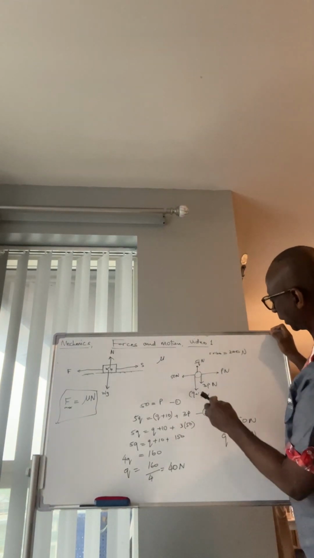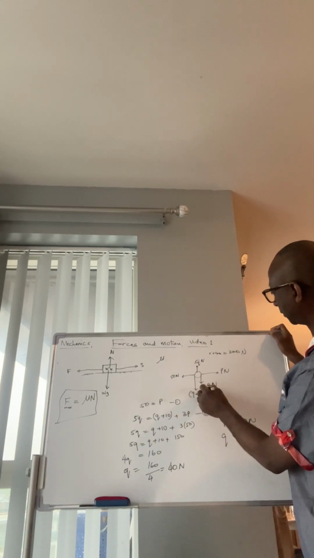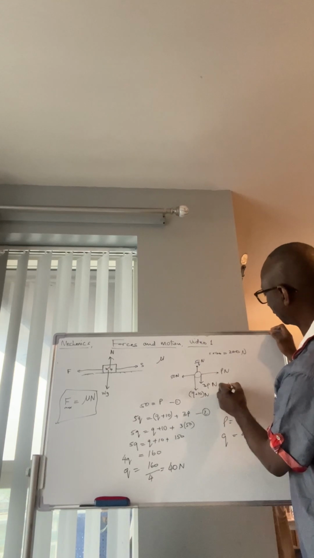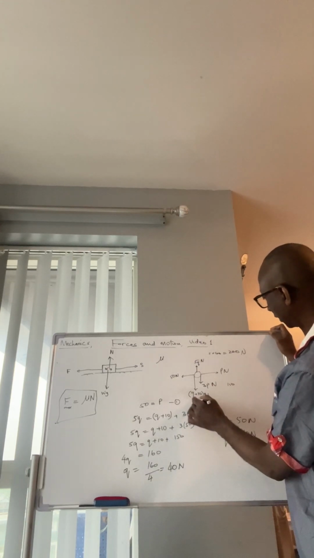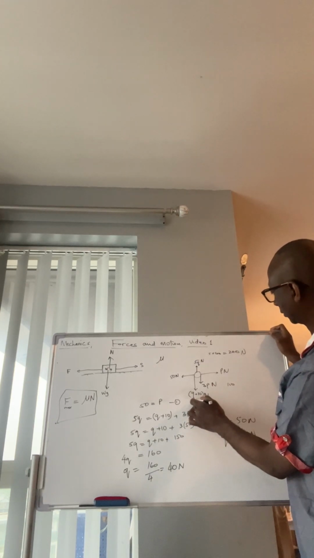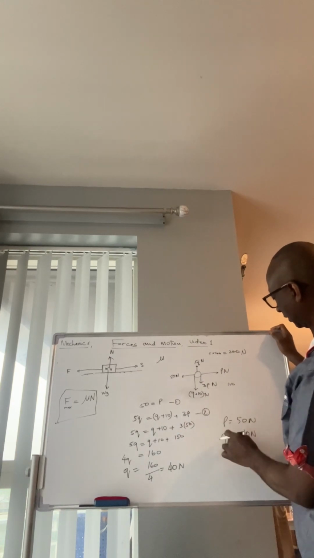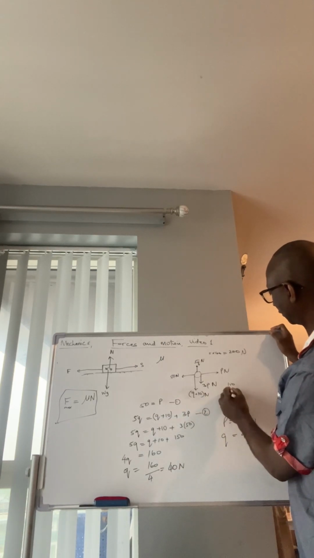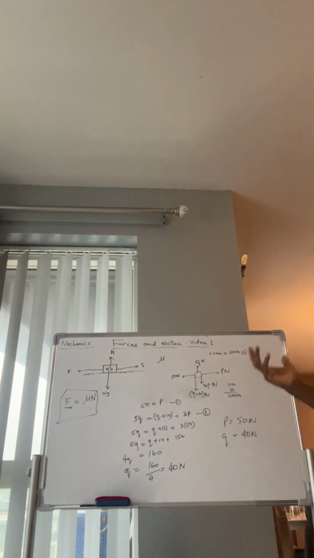And then what do you have here? You have 3P, P is 50, so this is 150 already, and Q is 40. So 40 plus 10 is 50. So you have 50 here. So 150 plus 50 is 200 newtons. So you see, all the forces cancel each other.